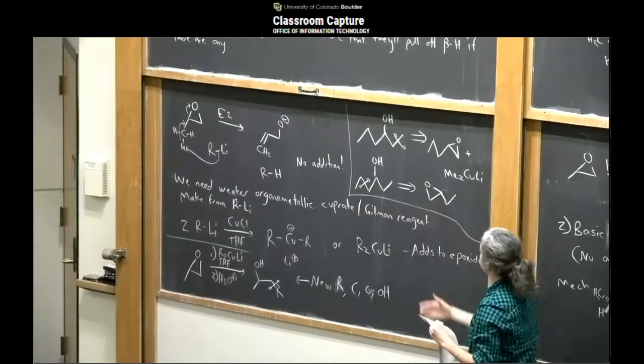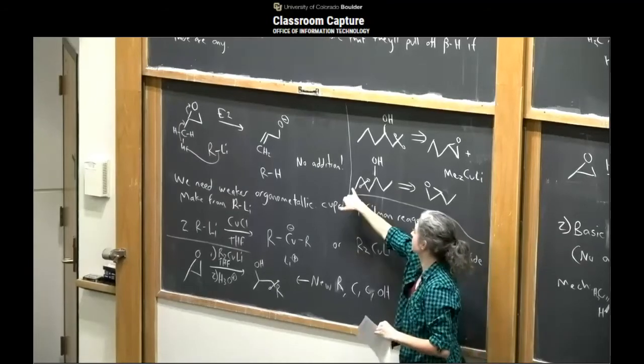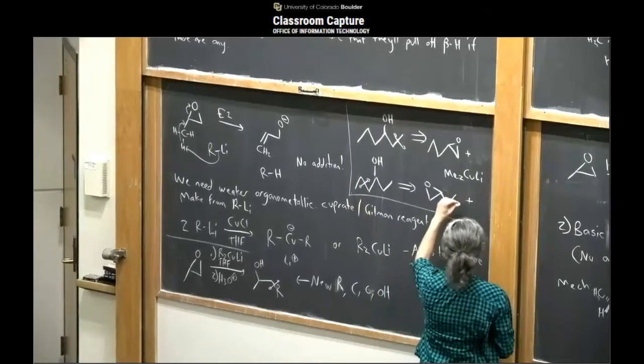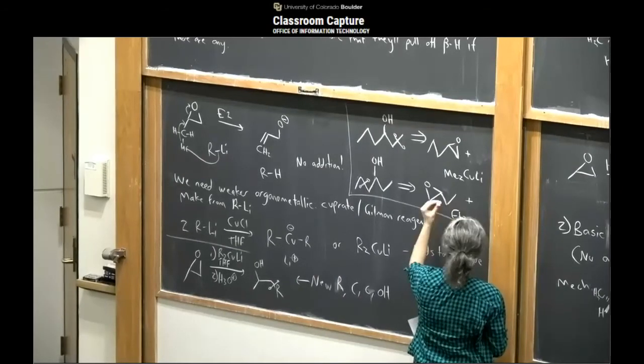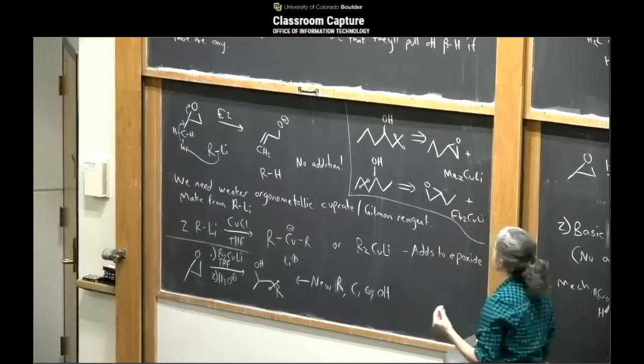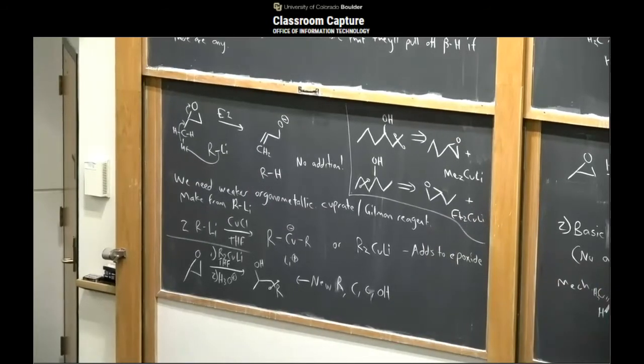So I start with this epoxide, and now I need an alkyl group that's adding 2 carbons at once as my cuprate. So Et2CuLi is how I could have put it together if I use that as the disconnect.